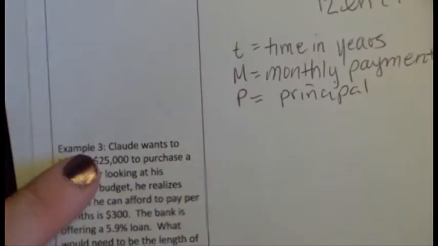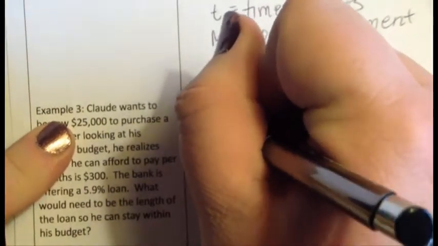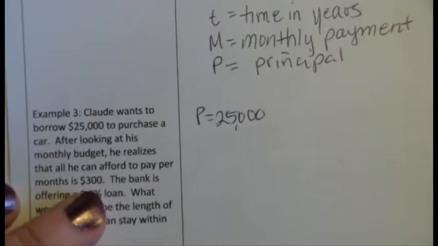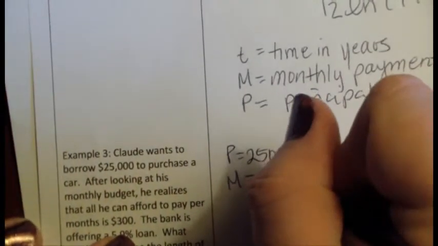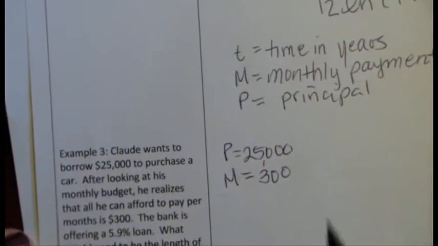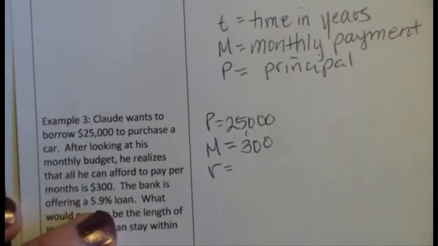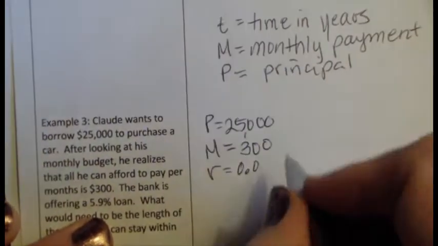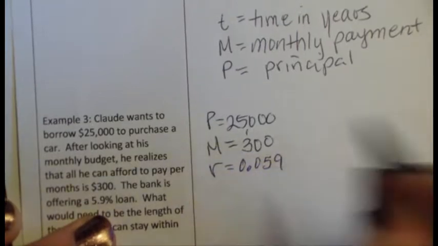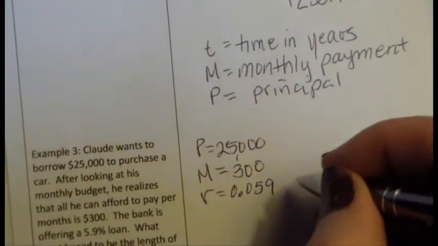So we know principal amount for the car, $25,000, so that's our P. We know his monthly payment that he can afford, $300 a month, so that's our M. And we know that the interest rate from the bank is 5.9%, which is 0.059 as a decimal. So we're going to plug that into our formula.